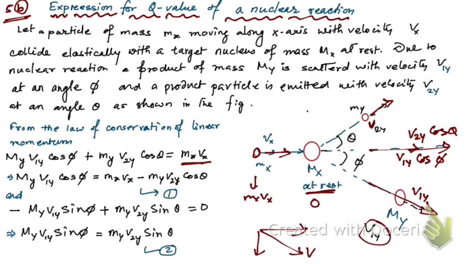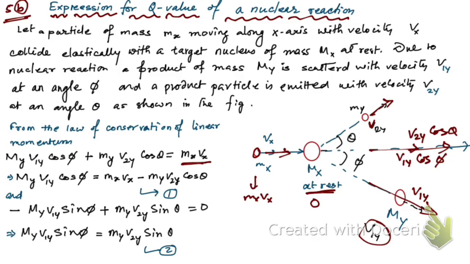If this is v and this angle is theta, then the component is v cos theta, and the other is v sin theta, right? Here we will also get a sine component along this direction, but we're considering only the x-axis.